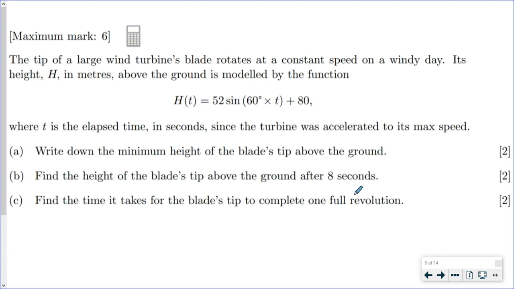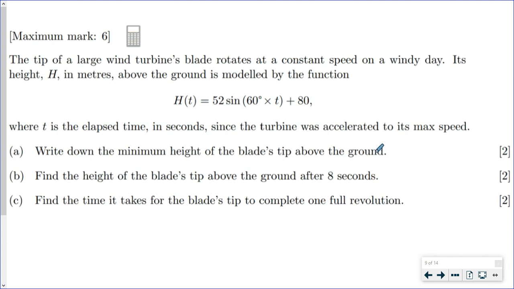A, write down the minimum height of the blade's tip above the ground. Now, if you remember all of our sine stuff, amplitude, baseline, all of that, then write the amplitude.